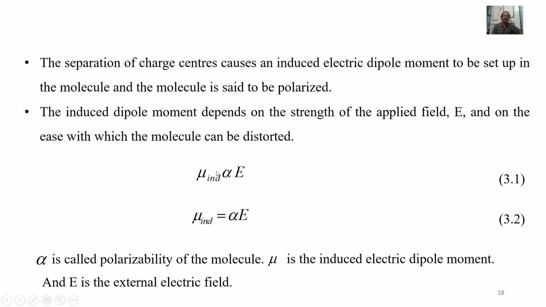So, mu induced is directly proportional to E. This is called induced electric dipole moment, and this is the external electric field E, and both are directly proportional. So, mu induced equals alpha E, where alpha is known as polarizability of the molecule, mu is the induced electric dipole moment, and E is the external electric field.